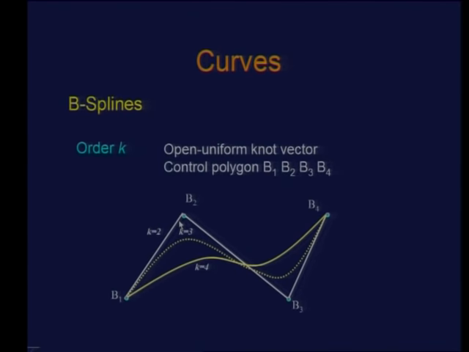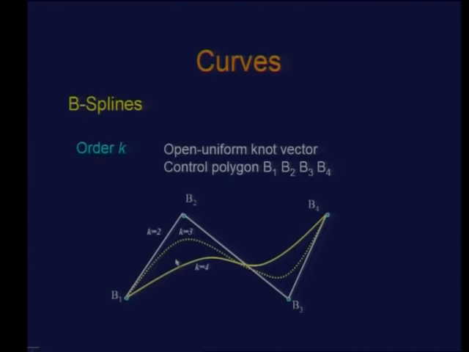Some of it you can also map to the convex hull property. What does the convex hull property say? That the curve resides in the union of the convex hulls of k neighboring control points. That is what you see: since k is changing, the curve goes towards the control polygon.